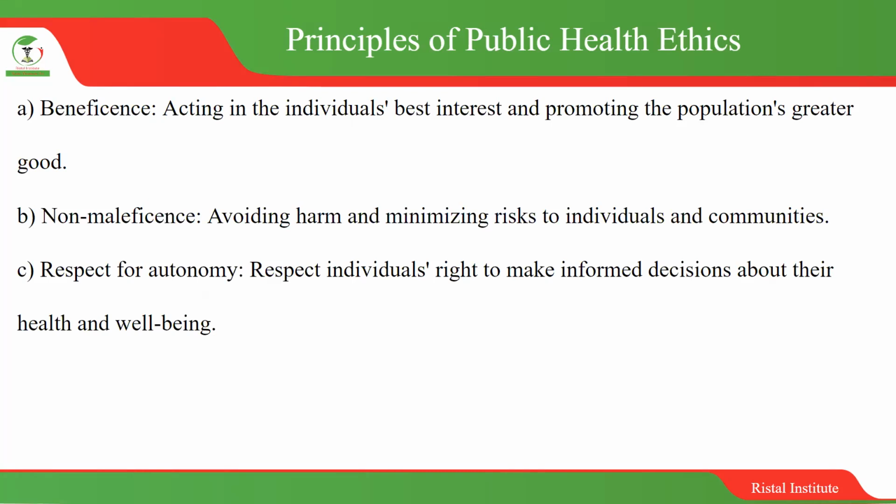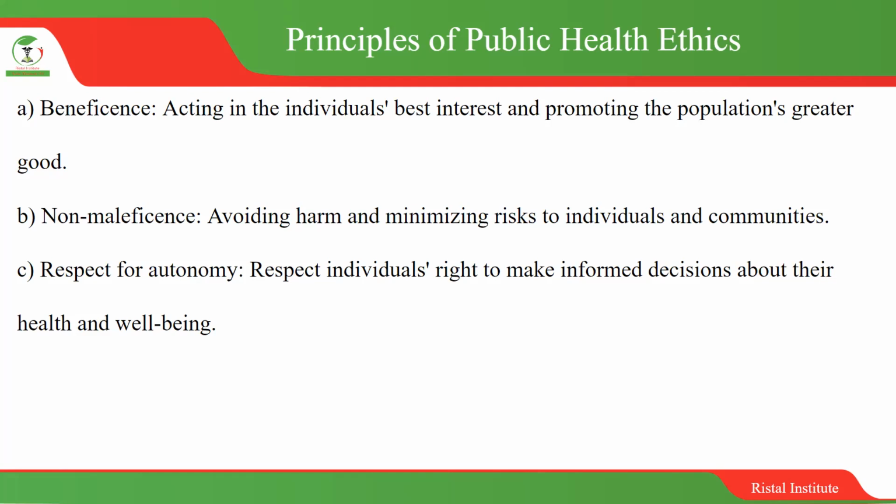So what are the principles of public health ethics? The principles remain like those that we discussed yesterday. The first one is beneficence: public health professionals need to work in the best interest of the individuals or populations that they are serving. You have to do good to them. Then non-maleficence is that you should not do something that is harmful to communities or populations.